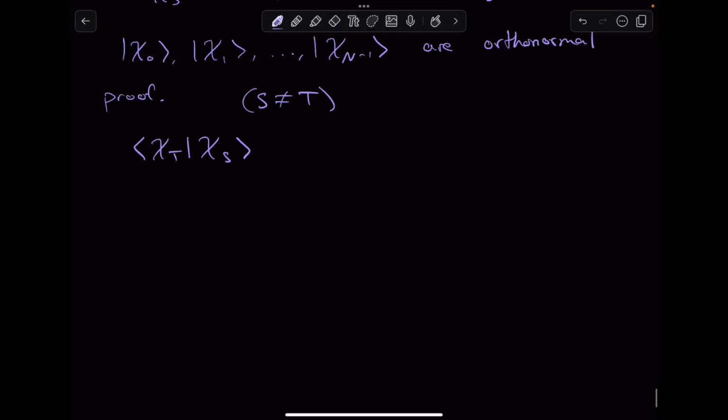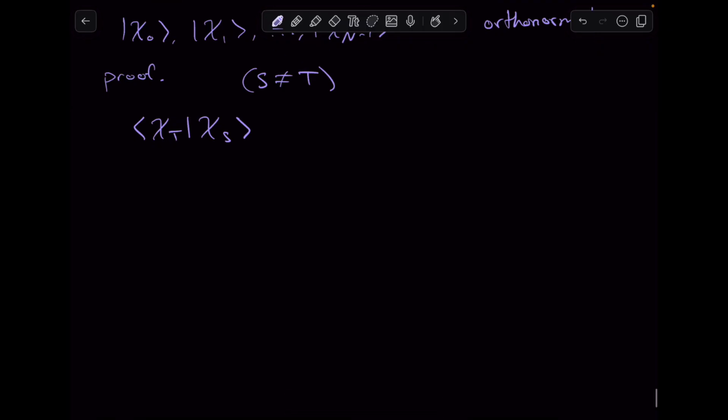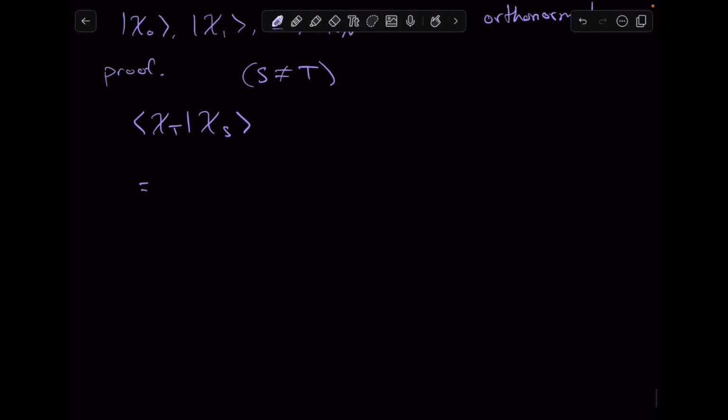And these just end up being the actual function values of the original chi's. Remember for the bra notation, we have to take the complex conjugates of all the amplitudes. So this is going to be the sum, and since this thing is going to evaluate to 0, I'm just going to ignore the normalization for now. It doesn't really matter. We have the sum from x equals 0 to n minus 1 of chi of t, complex conjugated, x, times chi of s, x.